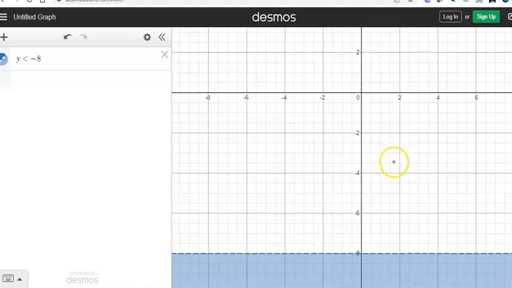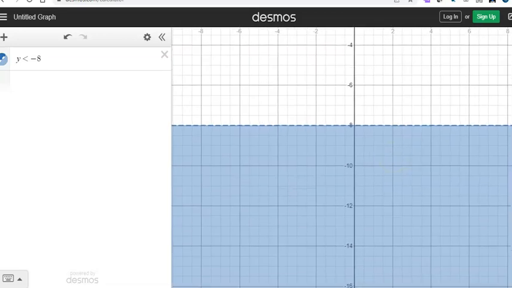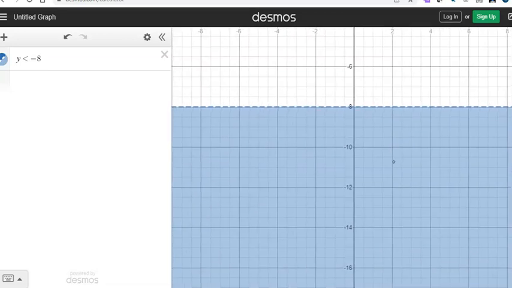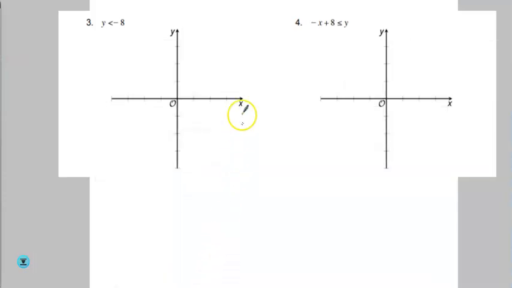So as we move around, we can see down here, there's -8, y is less than, so it's going to be that whole, again, not equal to, but less than. If we go back, y is less than -8.